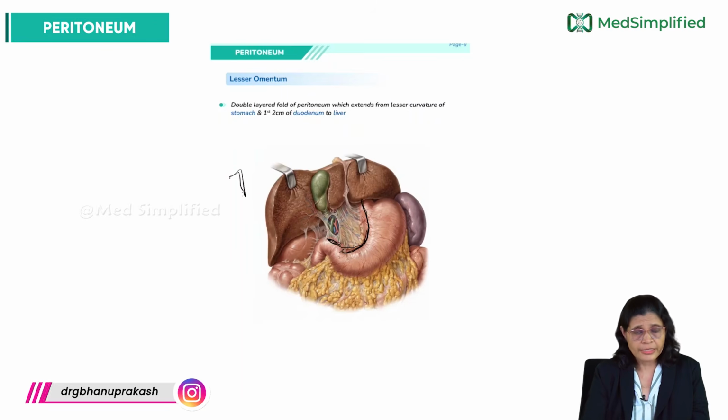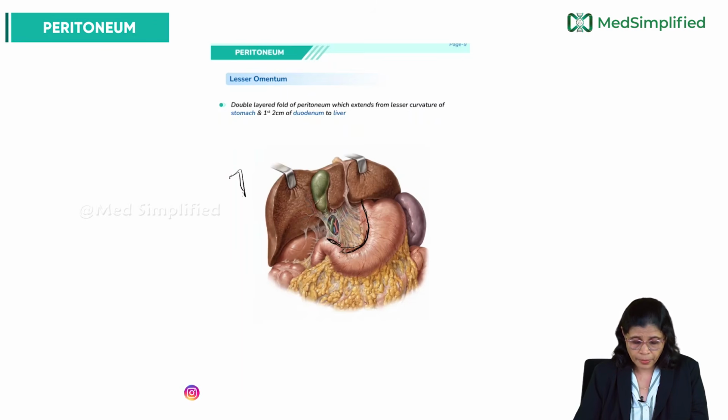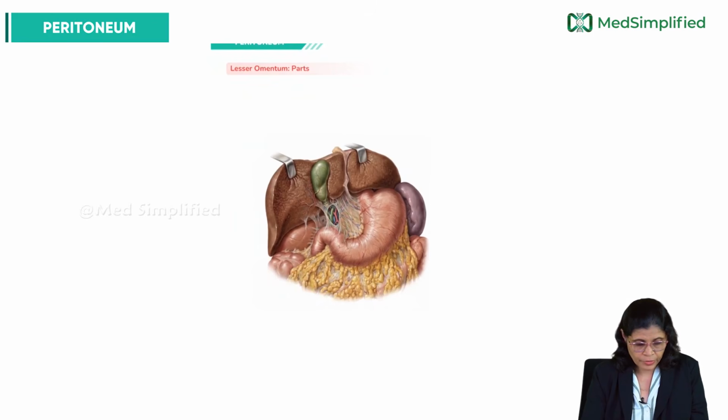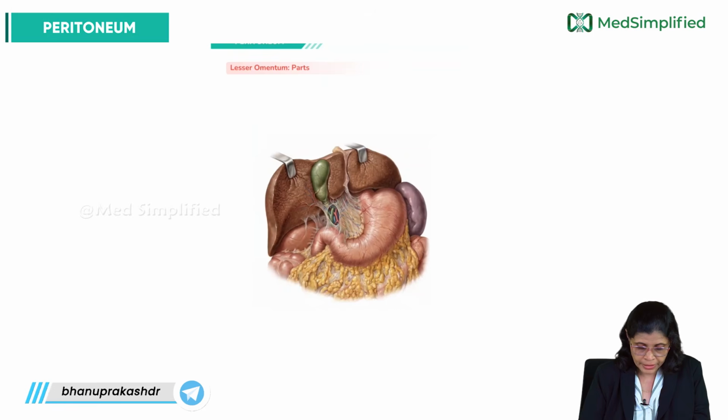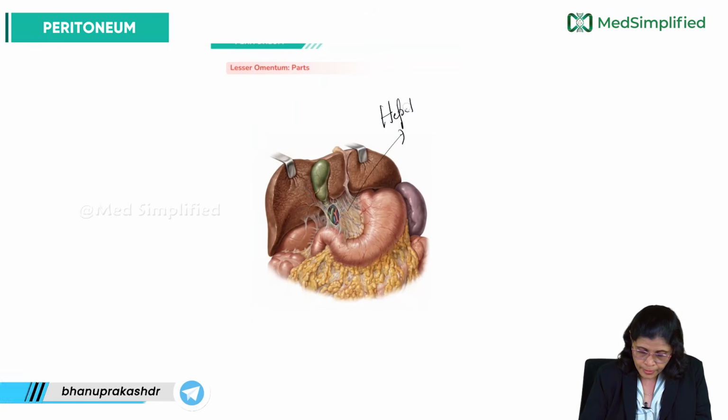So now this lesser omentum, it is divided into 2 parts. So based on its attachment, it is divided here into 2 parts. The part of the lesser omentum between the liver and the stomach, we call it as the hepatogastric ligament.